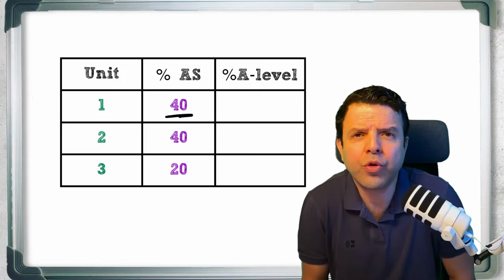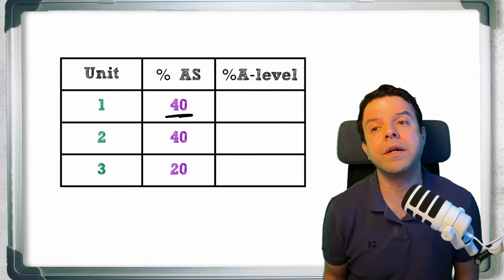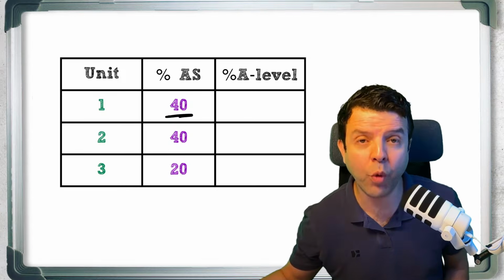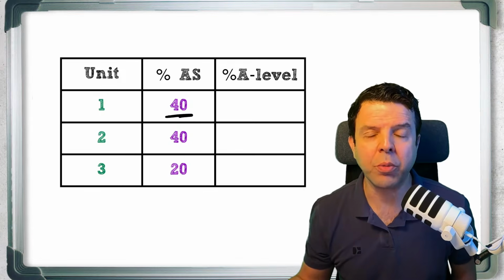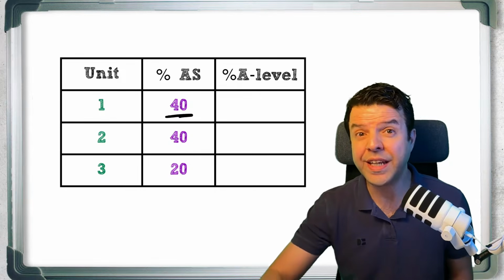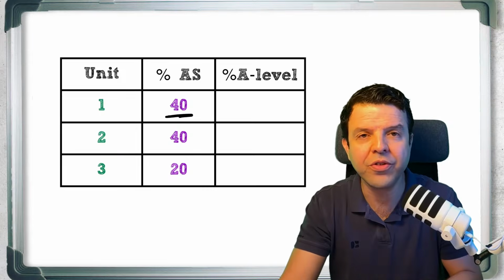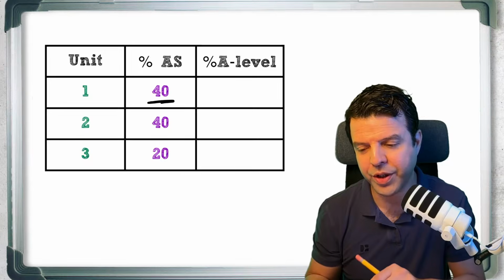So for students who want to repeat a unit, I usually recommend repeating Unit 1 and Unit 2 first, because they have more weight, more percentage, and they're predictable, meaning you study, you get the score you studied for. But Unit 3 requires a lot of solving, and as I said, the questions are not as predictable as in the other units.